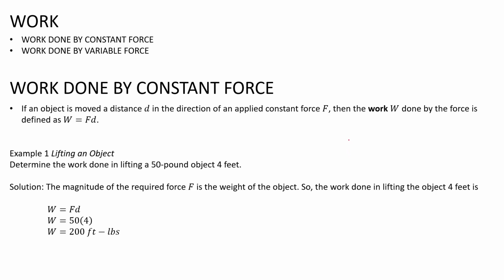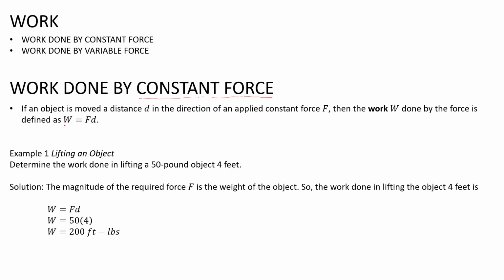Work done by a constant force and work done by a variable force are the two types of work that we are going to discuss. In high school physics, what we did in those years is that we just solved work with a constant force, meaning the force is not changing with respect to the distance, or all variables are fixed to determine the work.